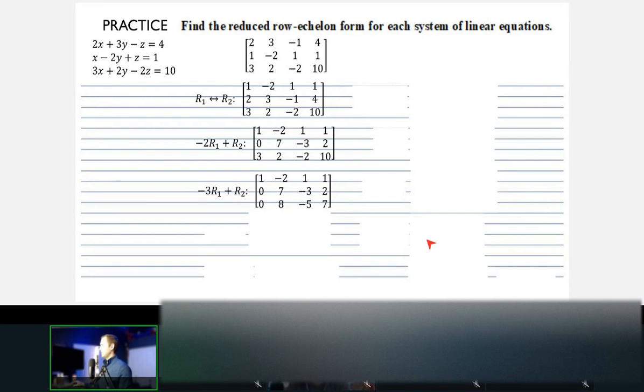Anybody see something else we can do? Anybody else? Now, if I say it, you'll say, oh yeah, why didn't I see that?